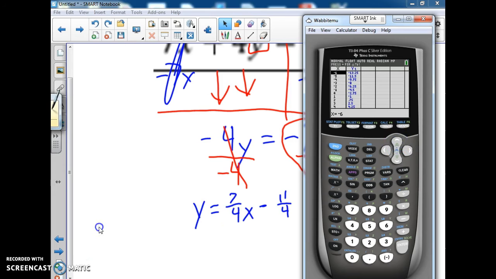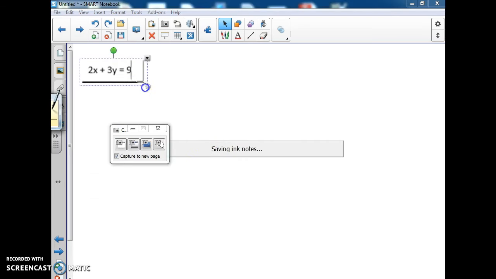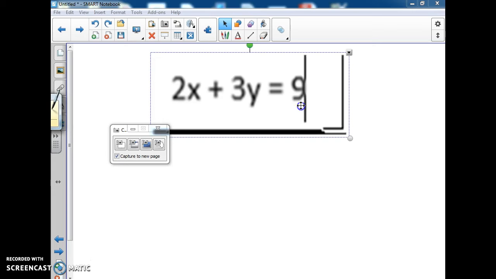Let's do the last one together. So the last one was this, 2x plus 3y equal to 9. We're going to do the same steps.